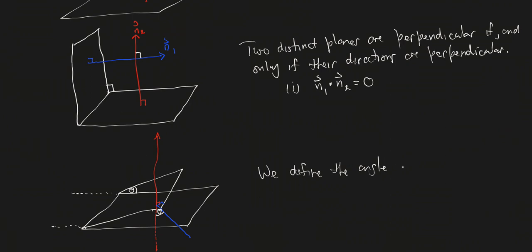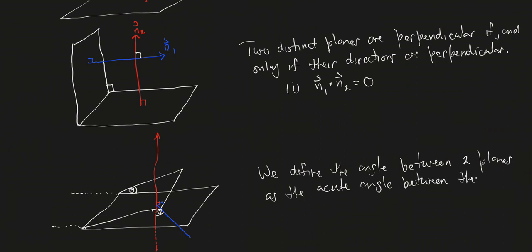So we define the angle between two planes as the acute angle between their normal vectors.